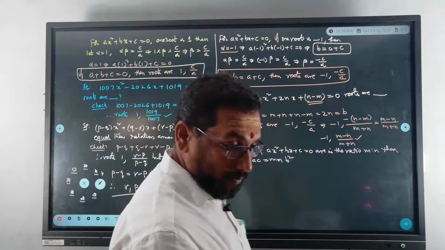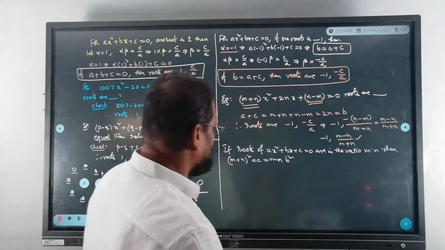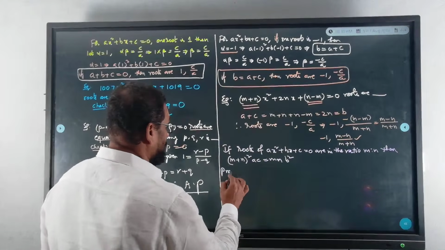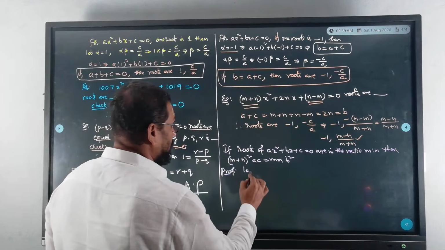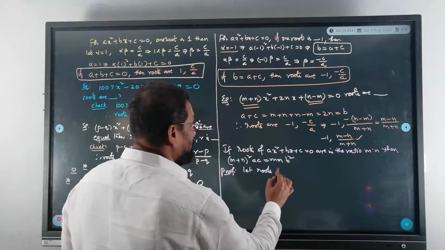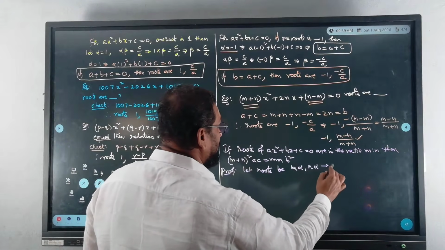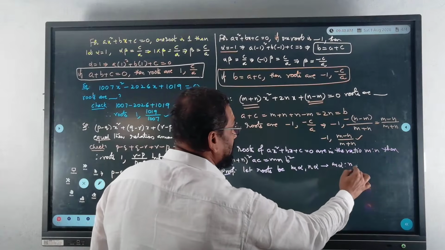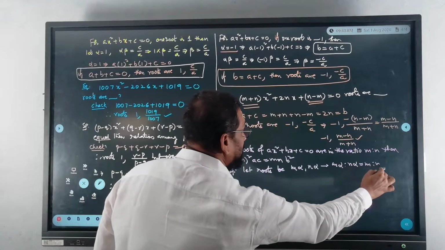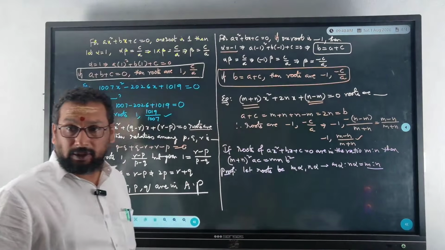See the proof. Let the roots be m alpha, n alpha, whereas m alpha is to n alpha is equal to m is to n, whose ratio is m is to n.